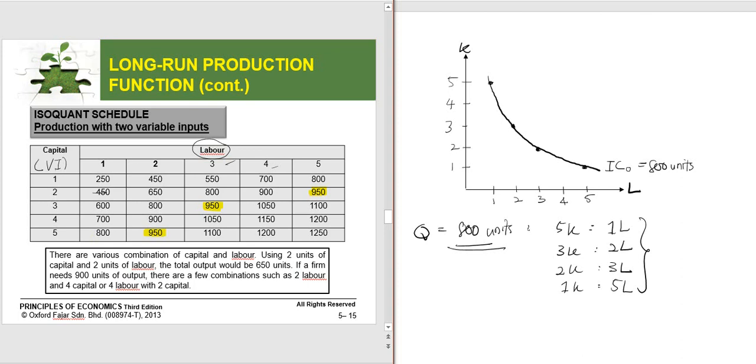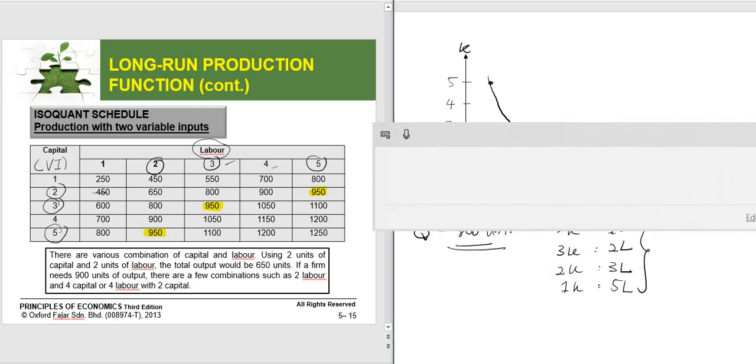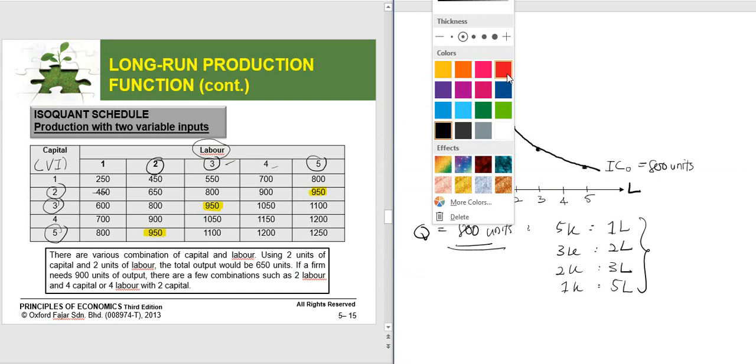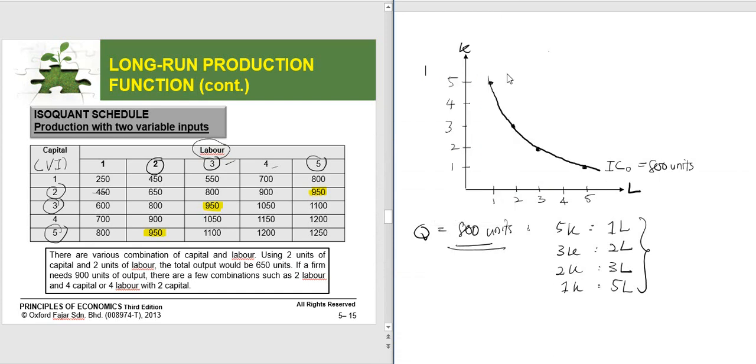Okay, so let's say you have here 5 capital and 2 labor, and then you have 3 capital, 3 labor, and 2 capital, 5 labor. Let's say 5 capital, 2 labor is here, somewhere here, and then 3 capital, 3 labor, and 2 capital, 5 labor, which is here.